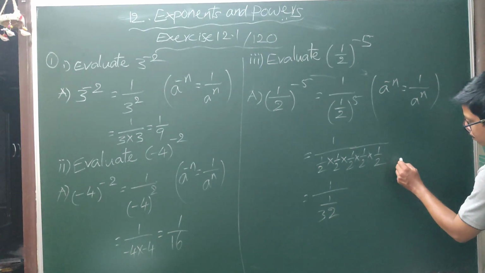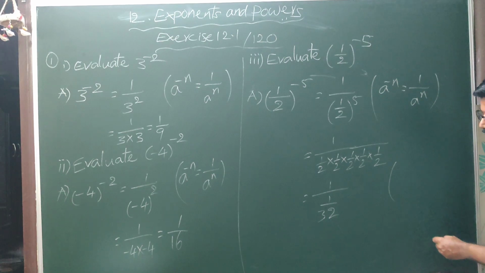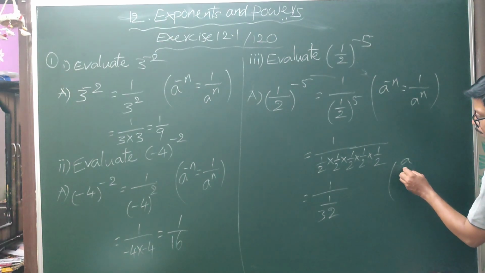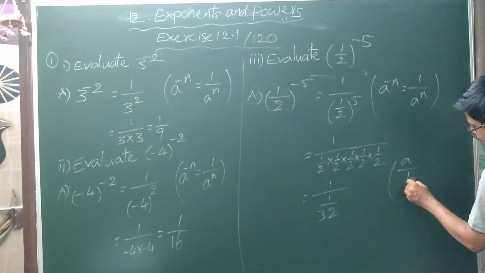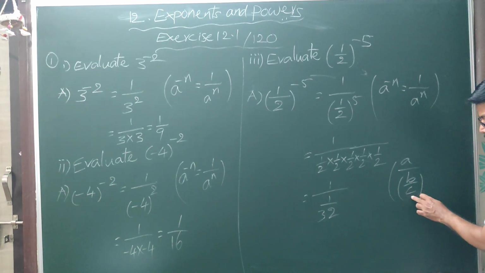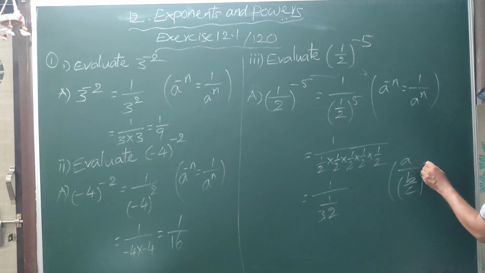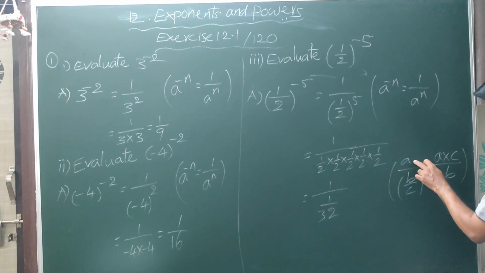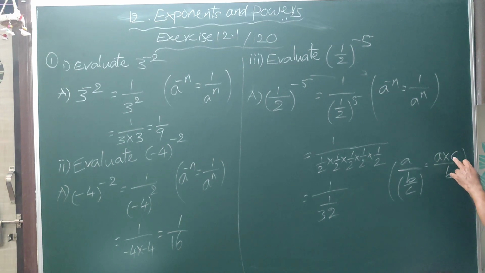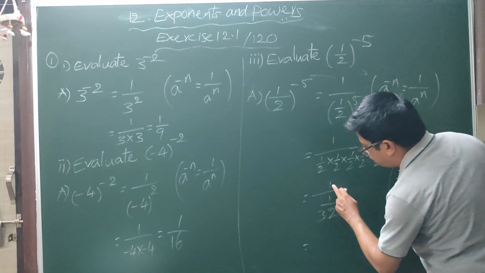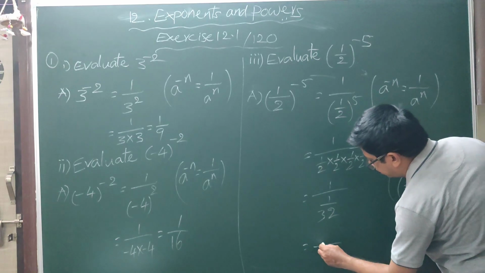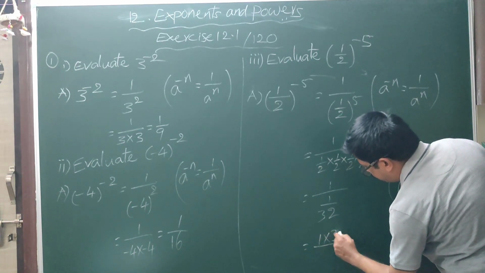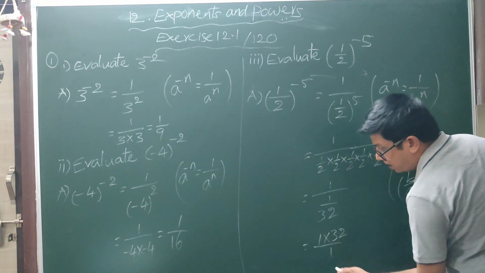We know well about the formula from fractions. A by (B by C), denominator, you will get it as A into C by B. A by (B by C) equal to A into C by B. So here 1 only is there, so you can directly write it as 1 into 32 by 1 in denominator.